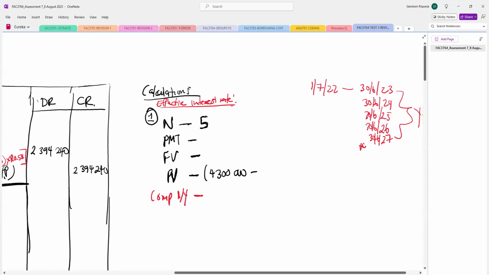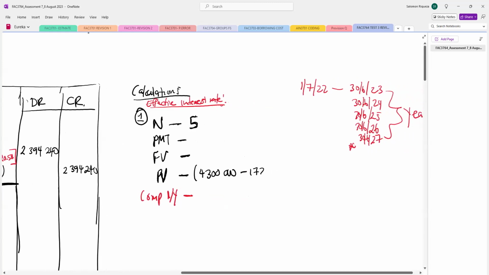But remember, we also pay transaction cost of 172,000. That's what we did here, even in our first journal. Okay, so 4.3 minus 172. So this gives me 4,128,000.